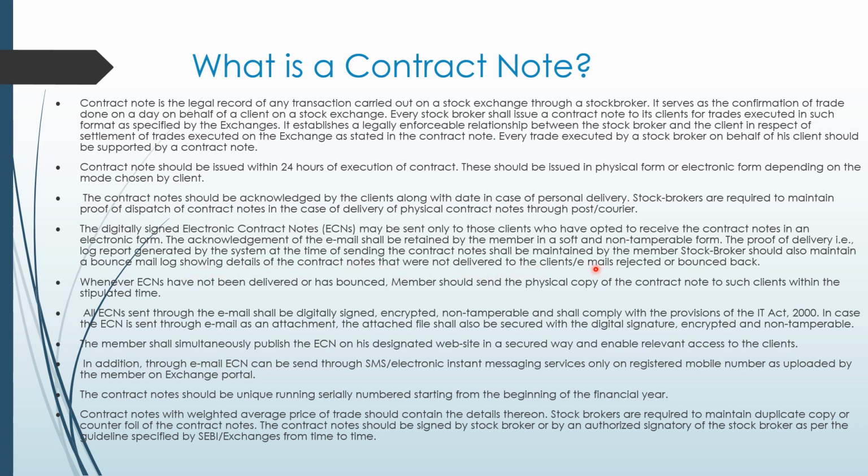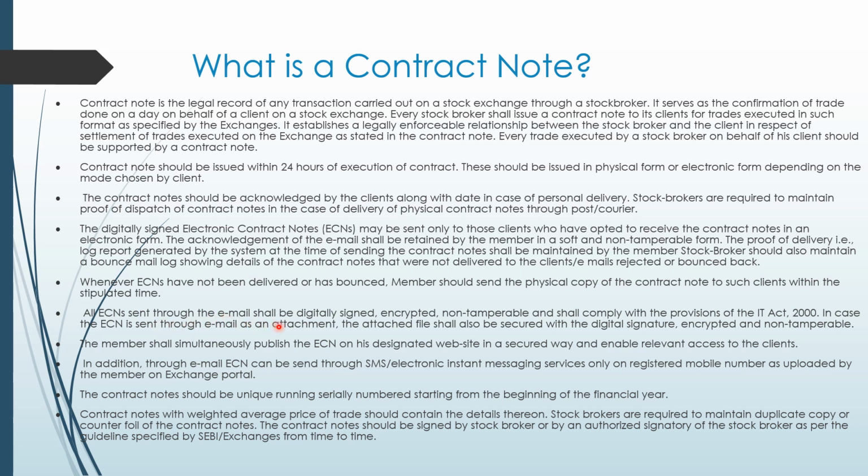So we have to show the contract notes which were delivered by maintaining a log report. The stockbroker member has to not only keep a log report, but also keep a bounced mail log, which shows the mails which were rejected or bounced back. Whenever ECNs have not been delivered or have bounced back, members should send a physical copy of the contract note to the client within the stipulated time.